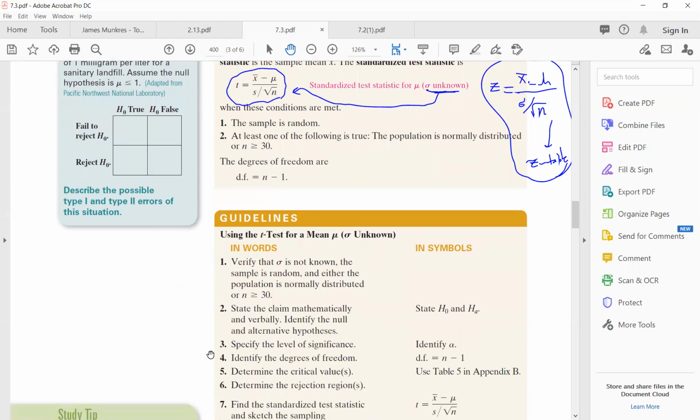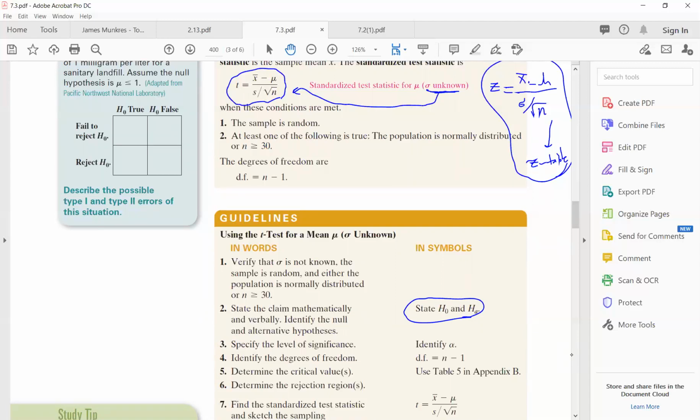Very well. Guidelines. First of all, verify that sigma or population standard deviation is missing. The sample is random and either the population is normally distributed or the sample size is greater than or equal to 30. Then form your null and alternative hypothesis.